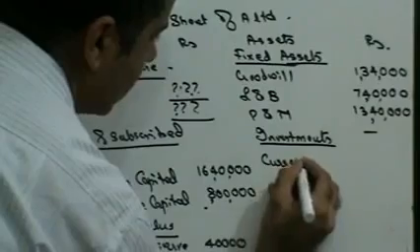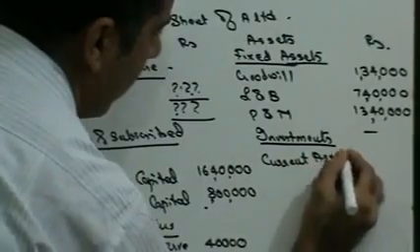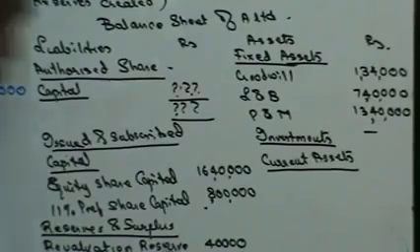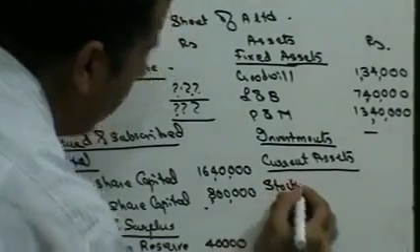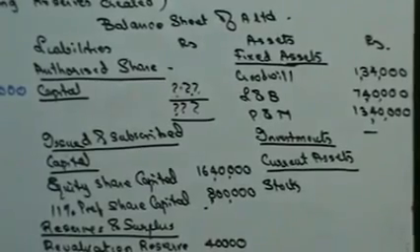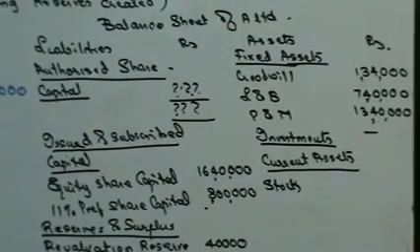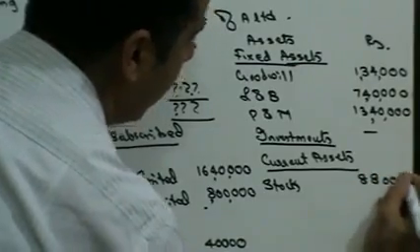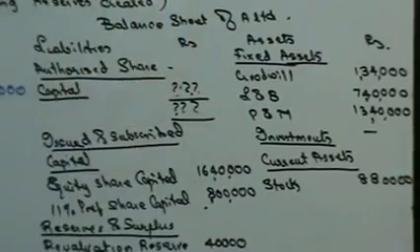Then you have current assets. Under current assets, you have stock. You had stock of 5,80,000 and you've taken another 3 lakhs, so that makes it 8,80,000. Then you have debtors.